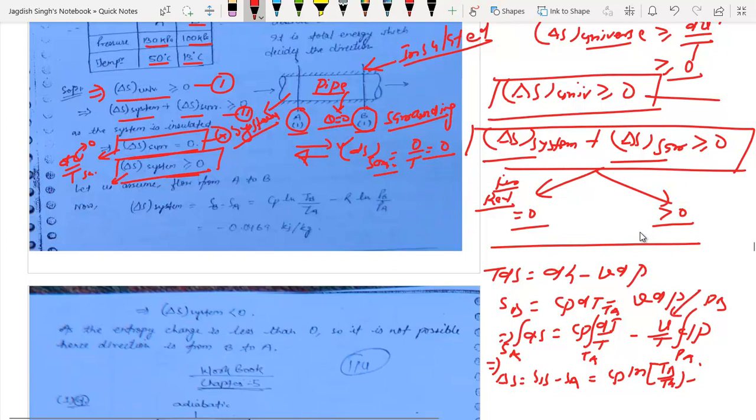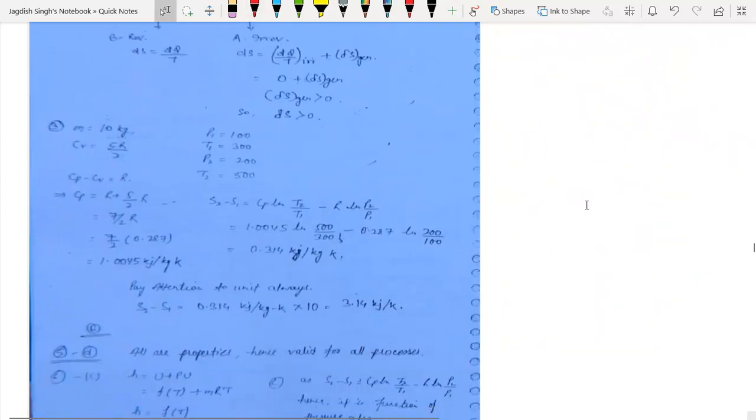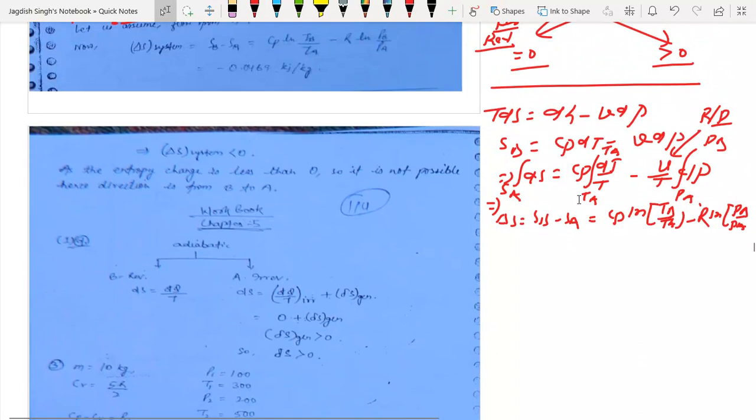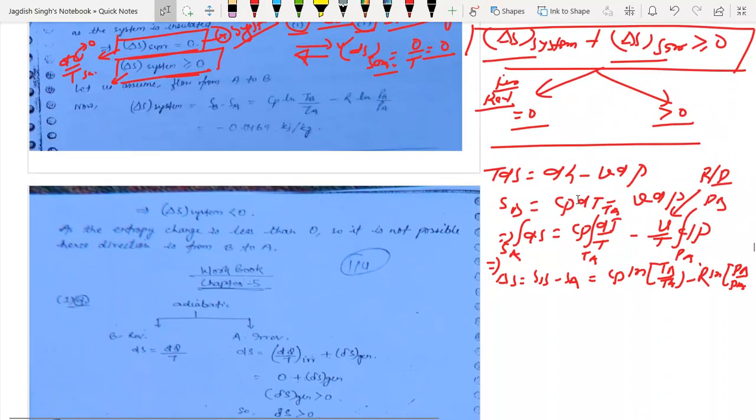V by T is equal to R by P, and in this condition this is equal to R ln P B by PA, right? So this is the equation. This equation is written here.